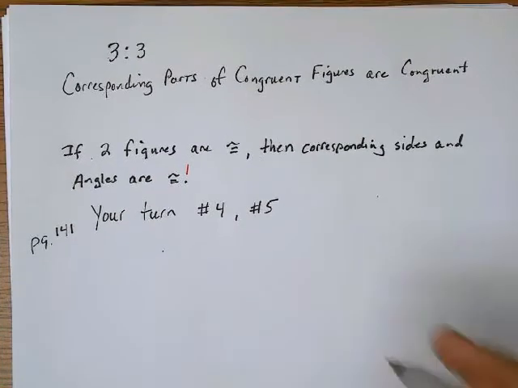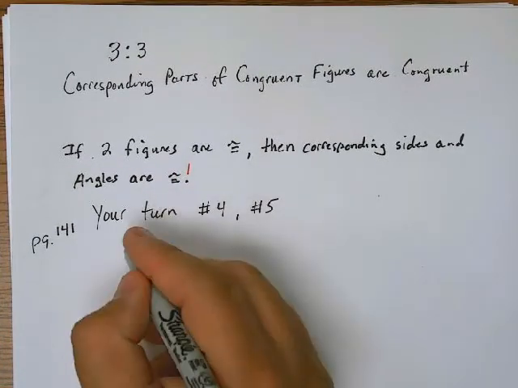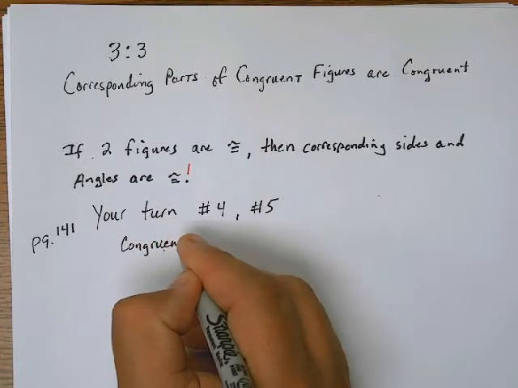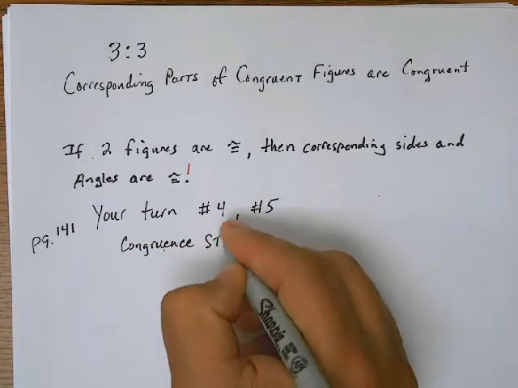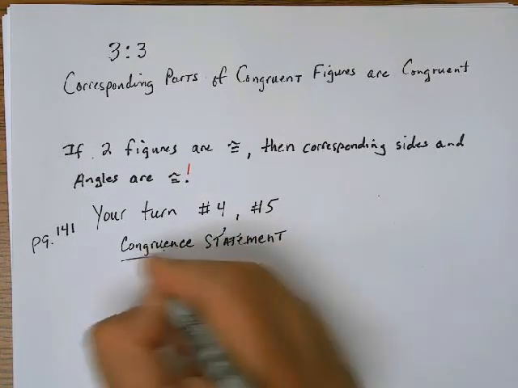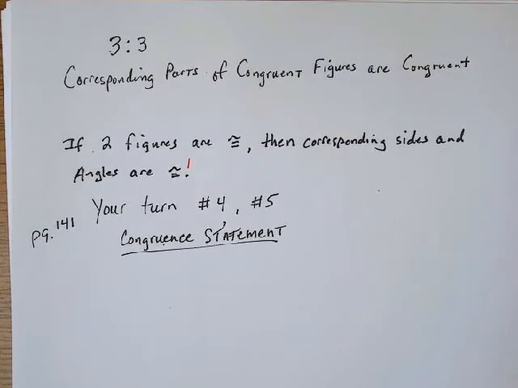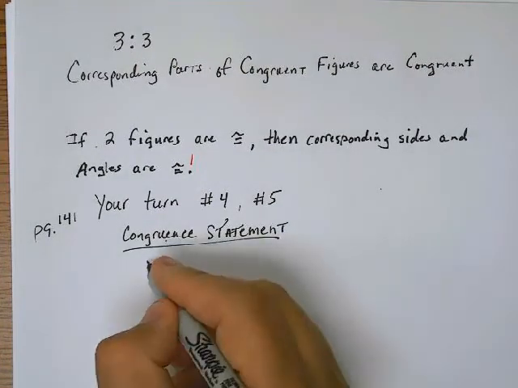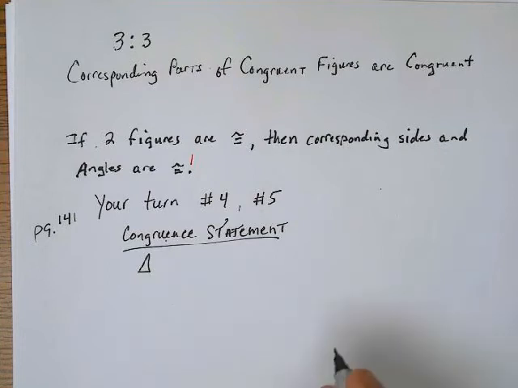You should see a congruence statement. Mason, at the beginning of the problem, can you read that off for me? It should say triangle is congruent to triangle. At the beginning of the problem, right under where it says your turn, page 141.